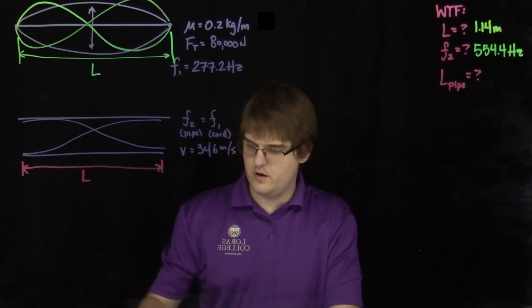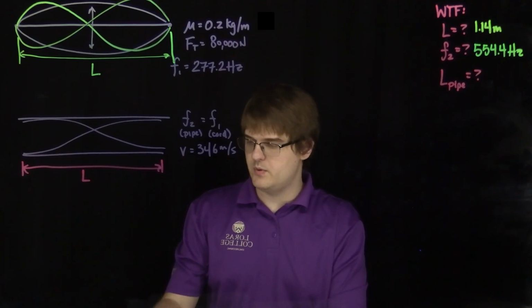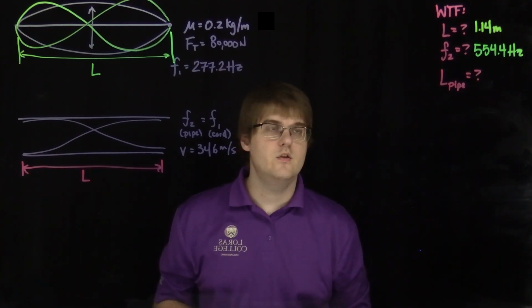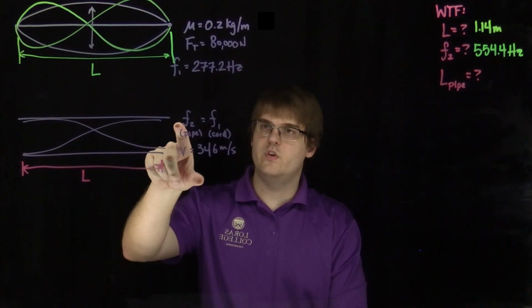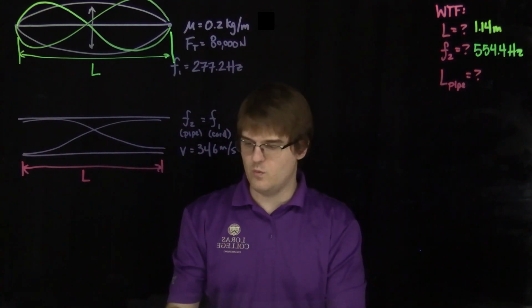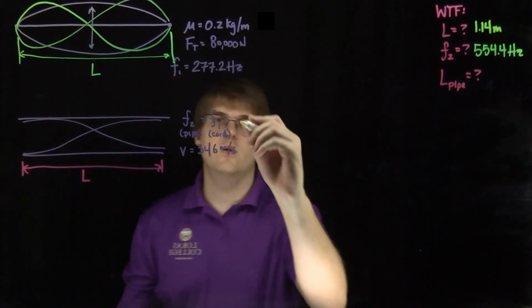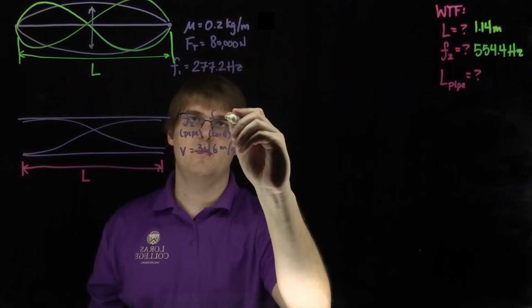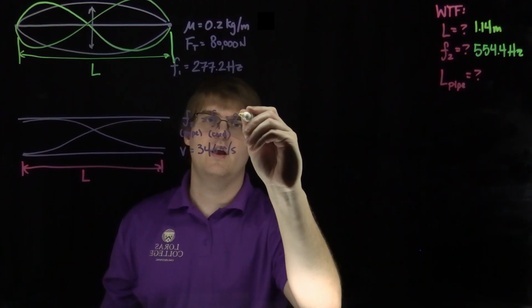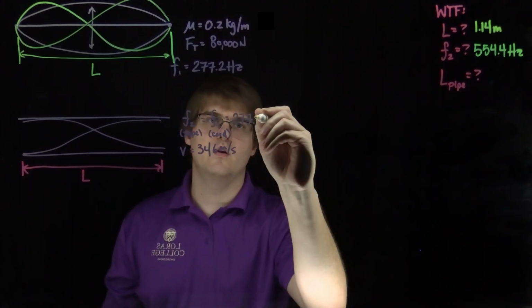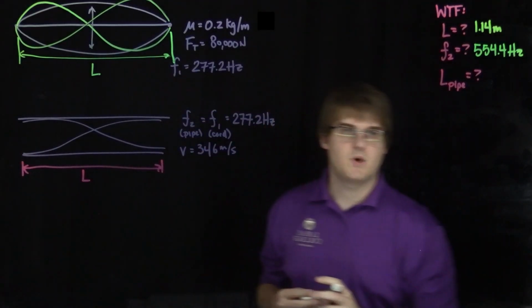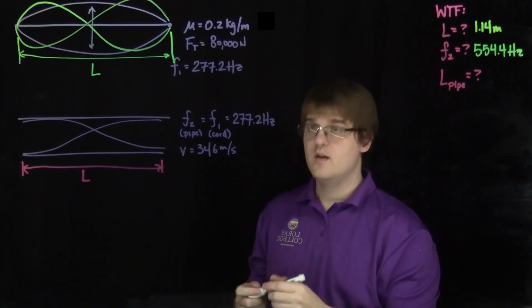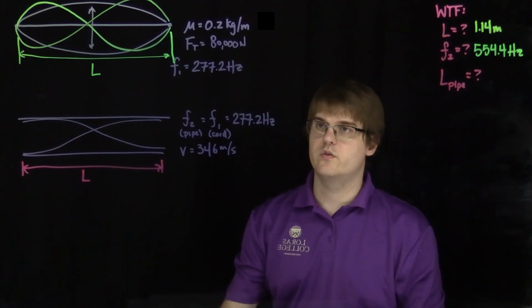With this, we have our pipe, and we can do a little bit of work here. So we know that our frequency 2 is going to be equal to our frequency 1 of our cord, and I know that that number is written right up above here, which is 277.2 hertz.